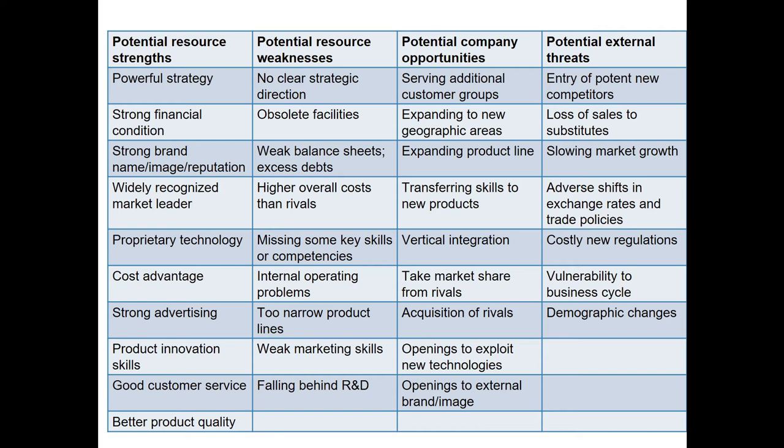So potential opportunities of a company could be serving additional customer groups, or extending to new geographic areas, or expanding your product line, transferring skills to new products, vertical integration, acquisition of rivals, etc. Potential threats, of course, number one could be new competitors, a loss of sales to substitutes, slow market growth, costly new regulations, or demographic changes. So these are examples.